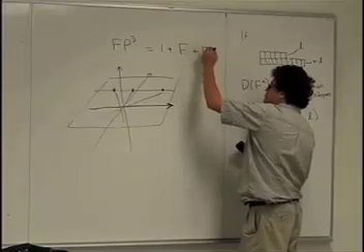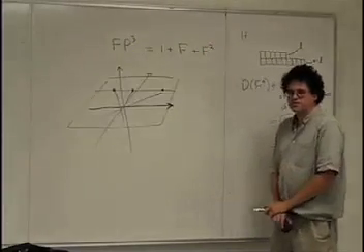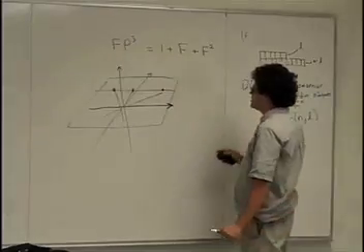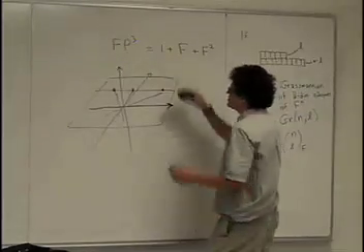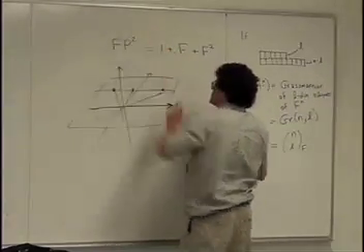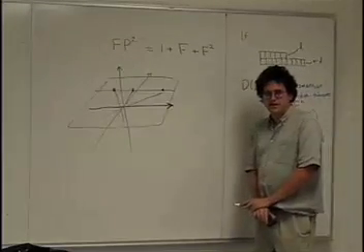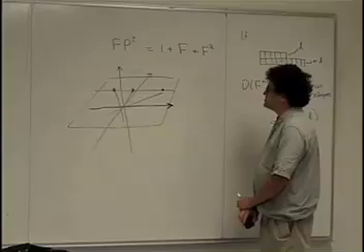There's F squared's worth of those. So that's a way to decompose this projective plane into cells, they're called subsets.